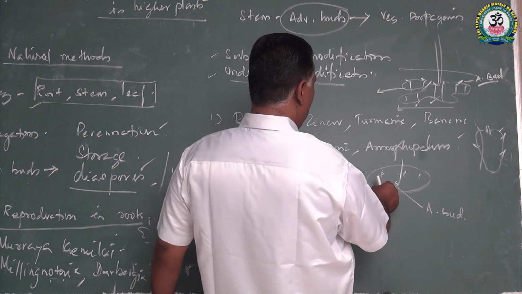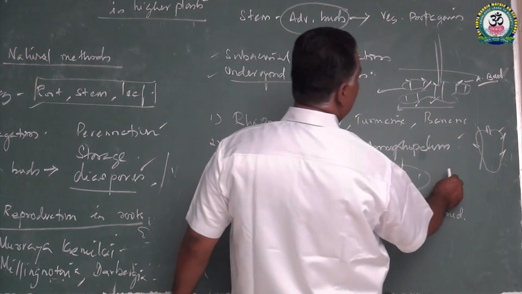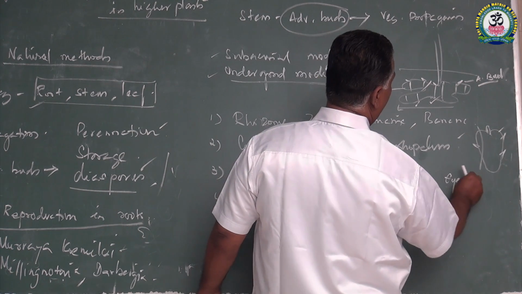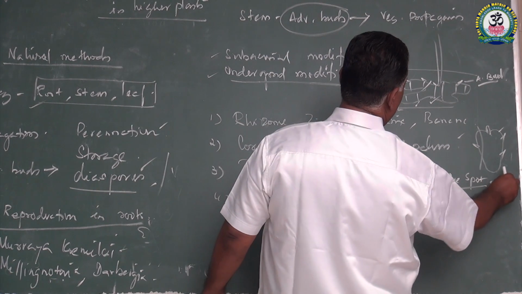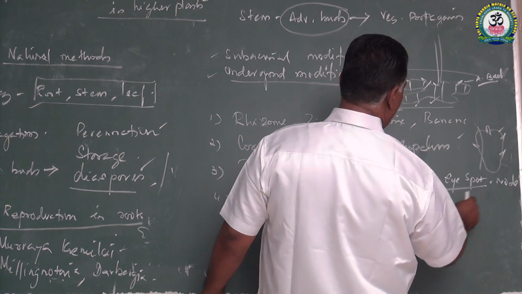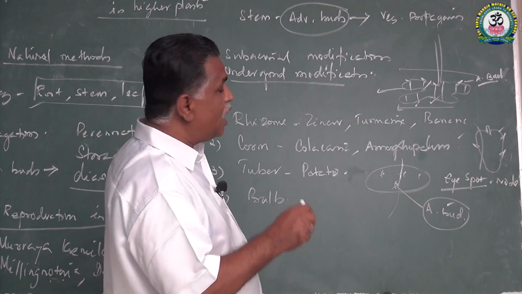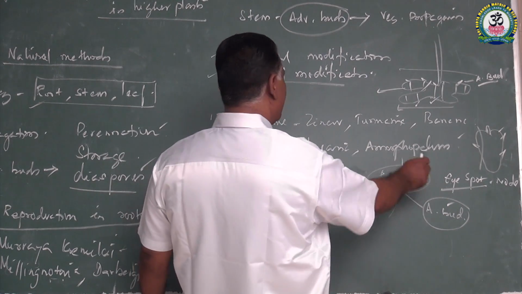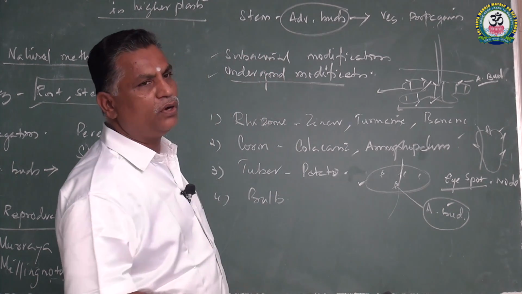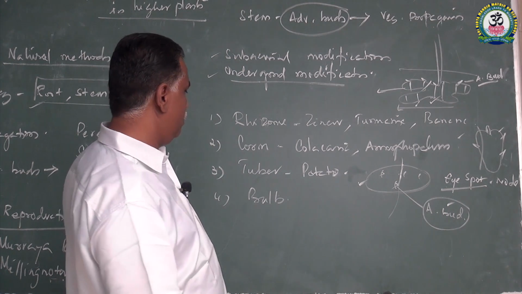How many eye spots there are represent the nodes. In each node there is a vegetative bud, an axillary bud. Each axillary bud is capable of growing into a new plant. So from a potato we can produce 10 or 15 potatoes, depending upon the eye spots and axillary buds available.